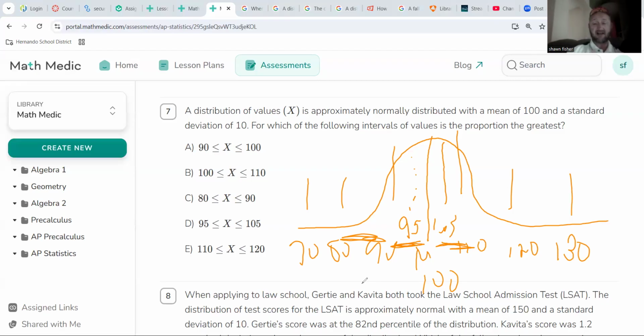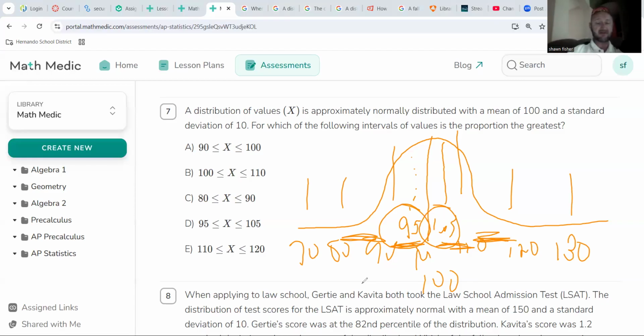This is going to be the interval with the greatest proportion. 110 to 120 is the same as 80 to 90, right? From 95 to 105, if it's really close to the mean, that's the proportion that has the greatest of the values around the mean.